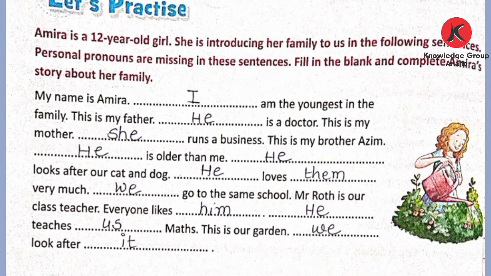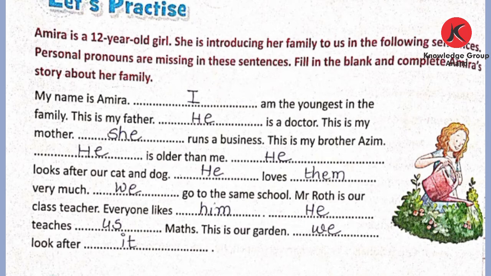This is my brother Azim. Brother, so again male, third person singular. He is older than me. Again we are talking about Azim, so the personal pronoun "he" will be used.